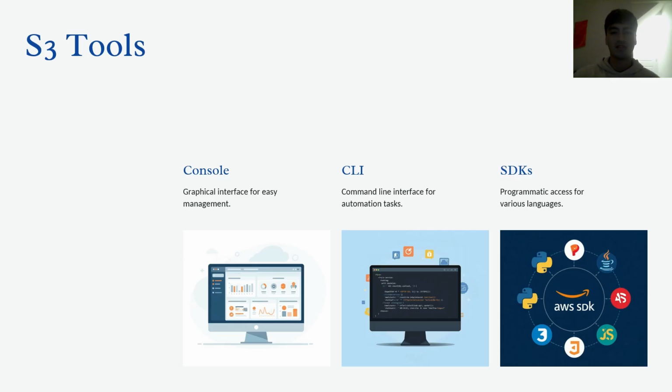For example, you can upload thousands of files using a single command. Finally, there are SDKs for languages like Python, Java, and JavaScript. These allow developers to integrate S3 directly into applications, enabling programmatic access and automation. Together, these tools provide flexibility for both manual and automated workflows.